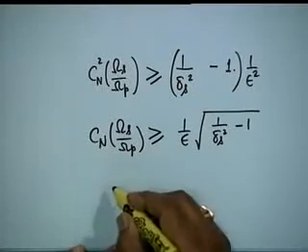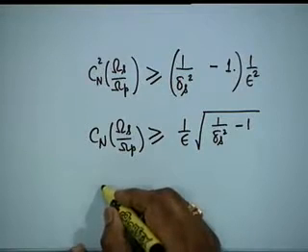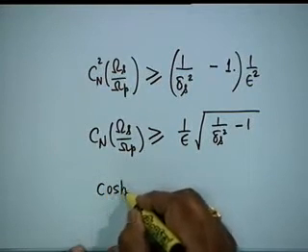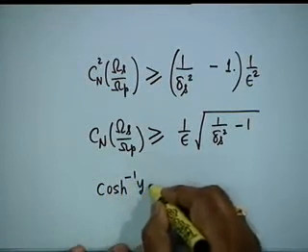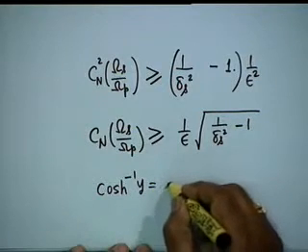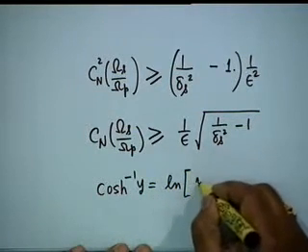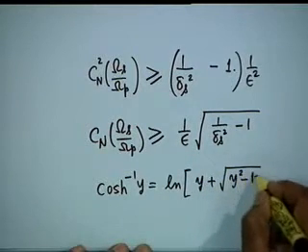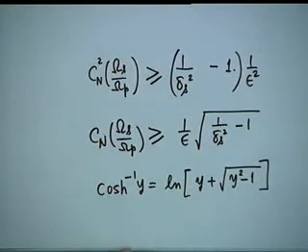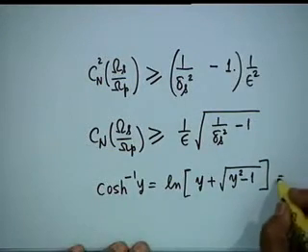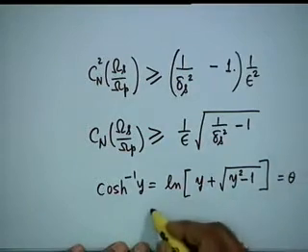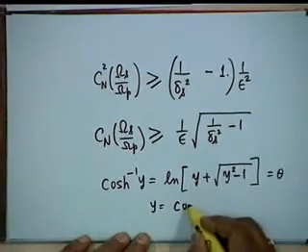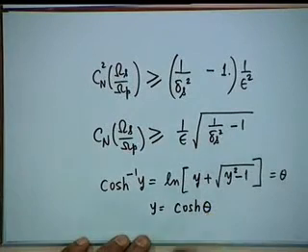The third alternative is to use the relationship cos inverse y equal to log of y plus square root of y squared minus 1. The proof of this relationship is extremely simple. If this is equal to theta, then obviously y equals cos theta.